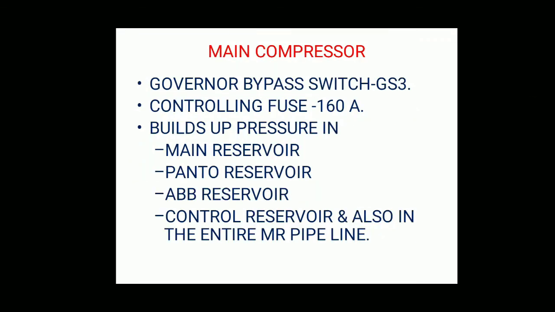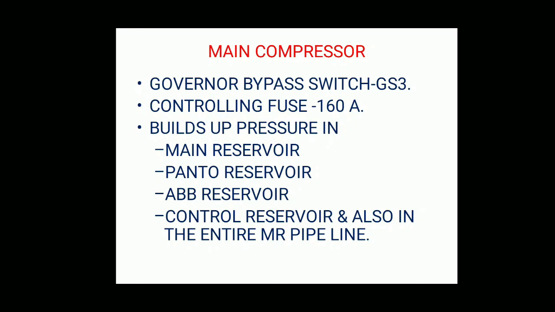There is a governor bypass switch to bypass the governor in case the governor becomes defective, and it is GS3. A fuse of 160 amperes capacity is provided to protect the main compressor, and this fuse is located in fuse bar MCB panel.